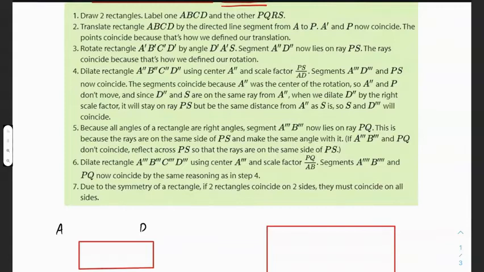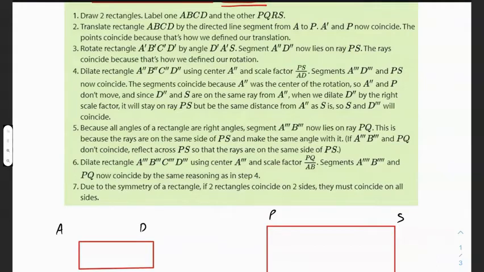I'm going to try my best to do that. P, Q, R, S. There we go.